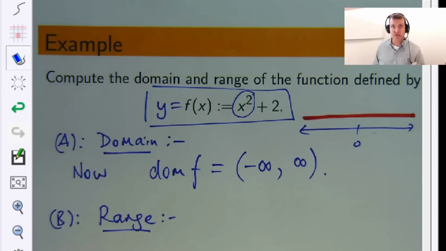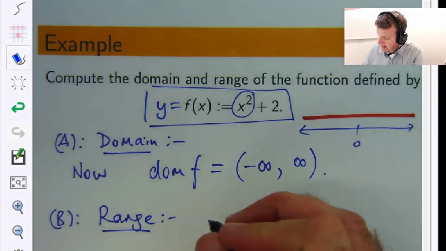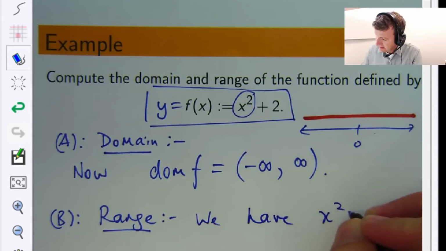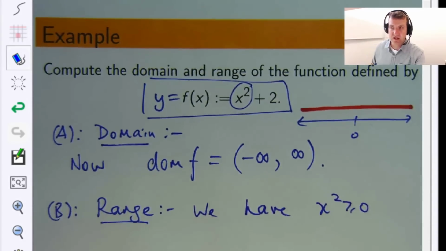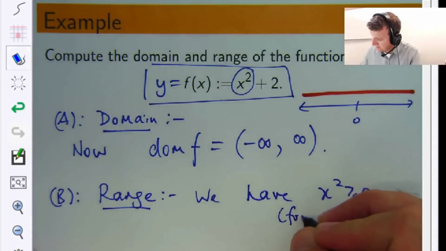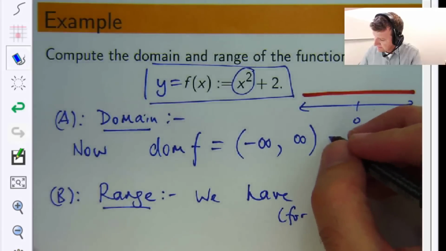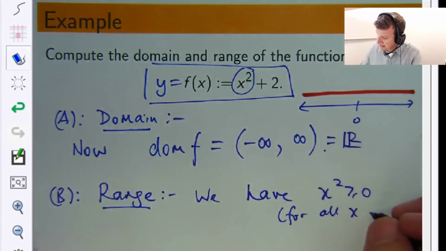So now what we can do is form an inequality. x squared is greater than or equal to 0 for all x in, sometimes we write this as this curly R, the set of real numbers.